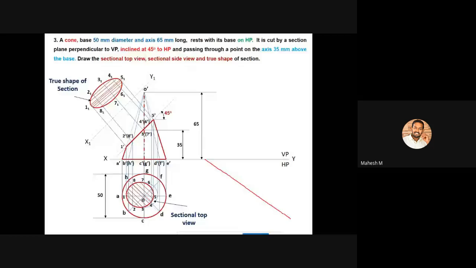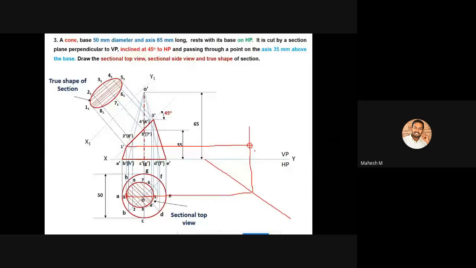Then I am going to project this point with a vertical line. After doing that, I have to project point number 1 from our front view towards this point number 1 vertical line. So we'll be having an intersection at this point. Then it can be called 1 1, or else it is already created with the name of 1 1.